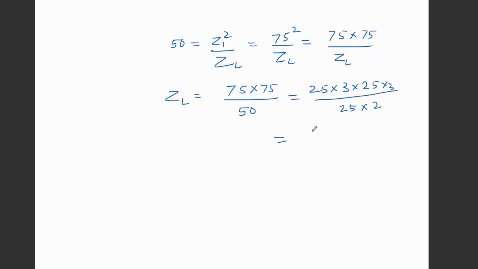So this is effectively 25 into 9 by 2. This 25 into 9 is 225 by 2 ohm, which is 112.5 ohm.